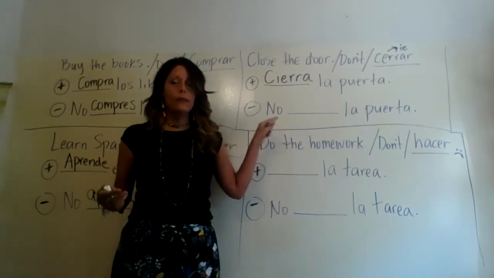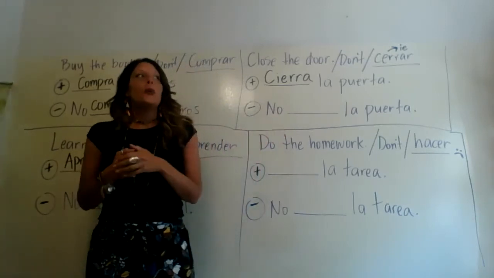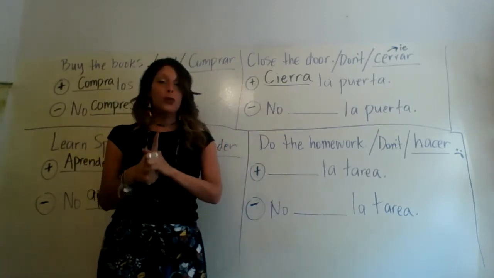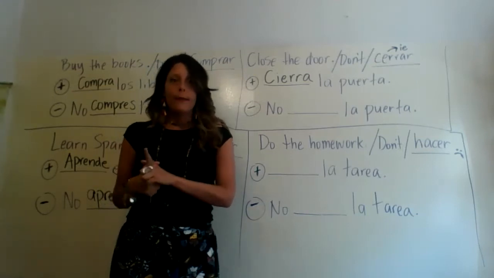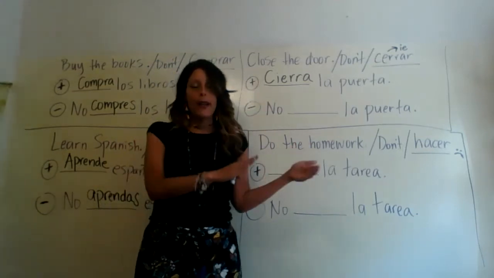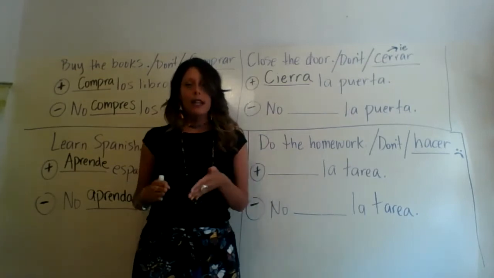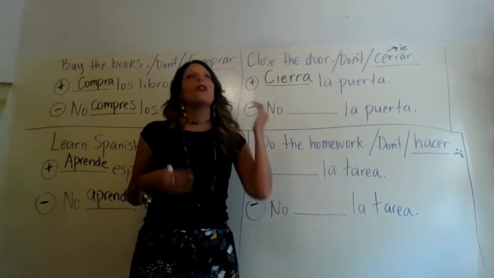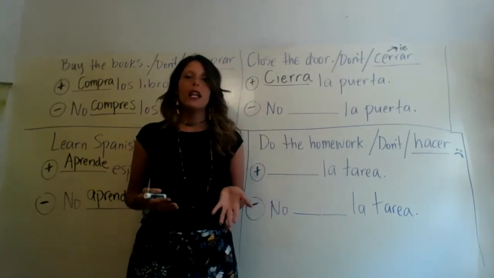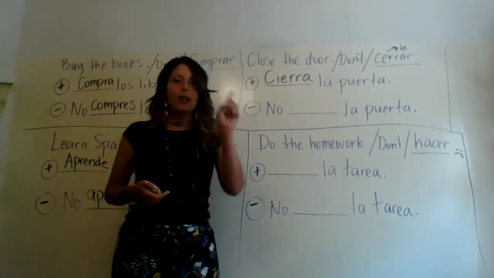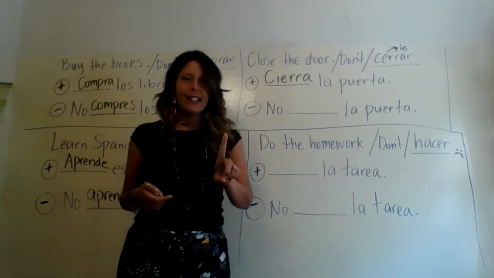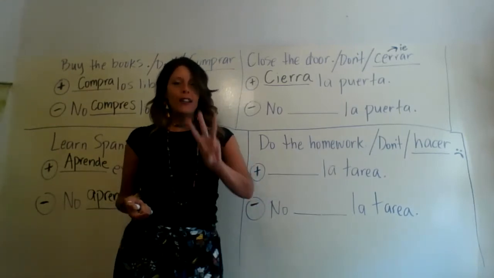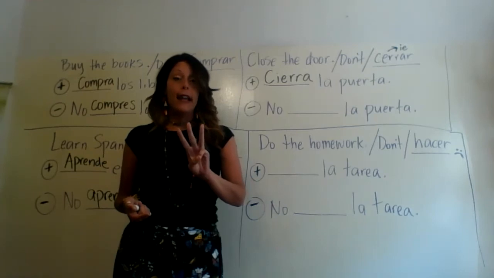Don't close the door. We will remember that the first step in making a negative informal tú command is forming a formal usted command, and then the second step is adding an S onto the end. So we walk through the steps of making a formal usted command: we go back to the yo conjugation of the present tense, cierro, then we drop the O, and the third step is we add opposite endings.